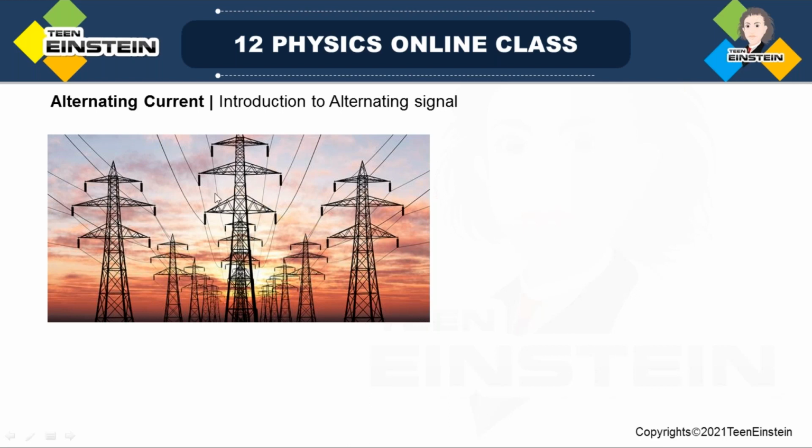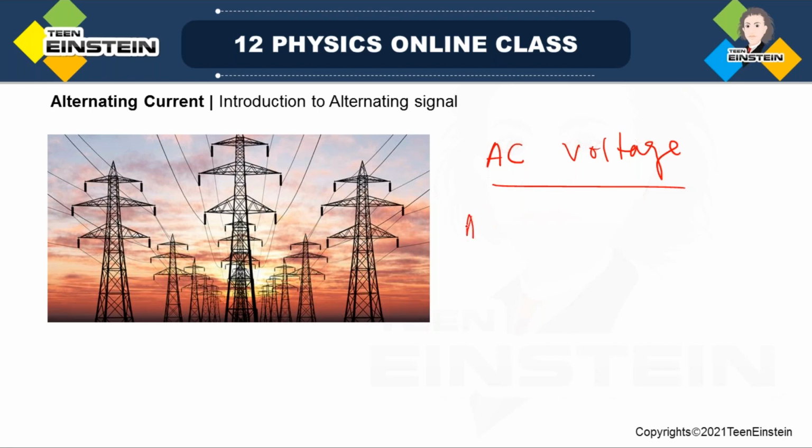So this voltage or current which is transmitted through these high tension wires and all, it is actually in the form of AC voltage. This is because it has certain advantages.